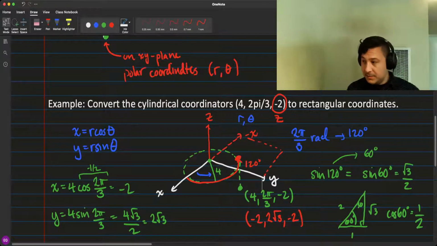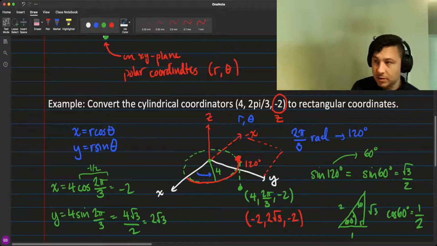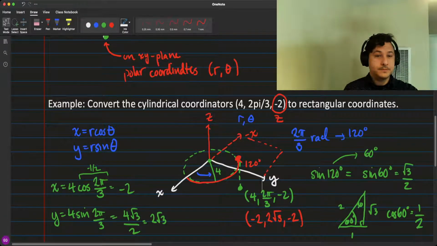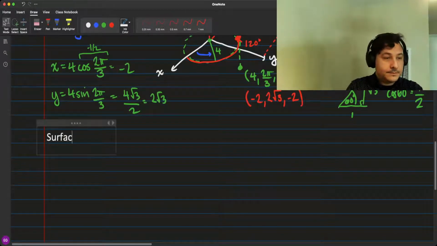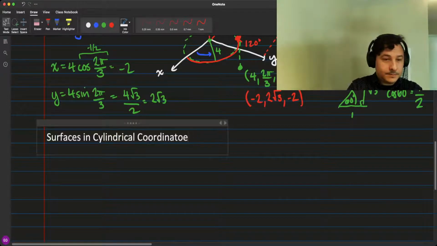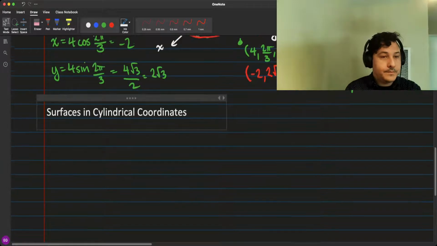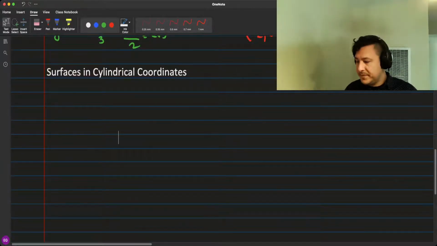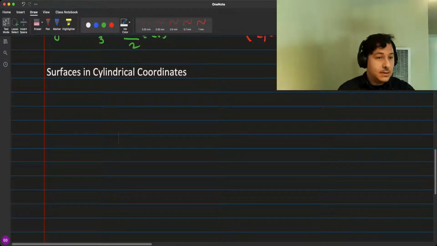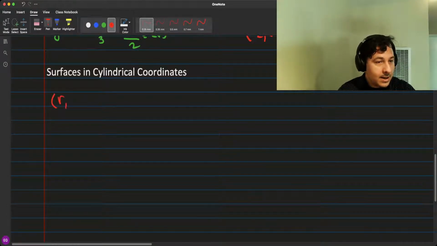Okay, so let's talk a little bit about surfaces in cylindrical coordinates. Okay, so these equations are going to look a little unfamiliar. So you have to remember that your variables are r, theta, and z.